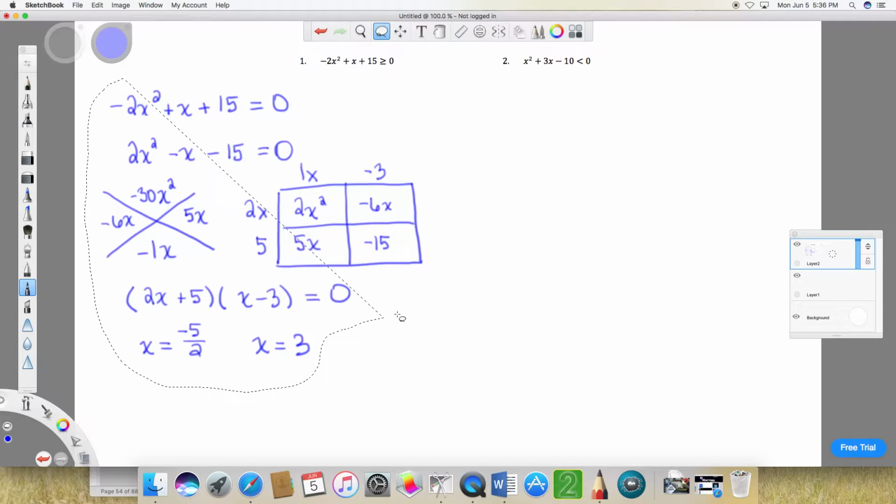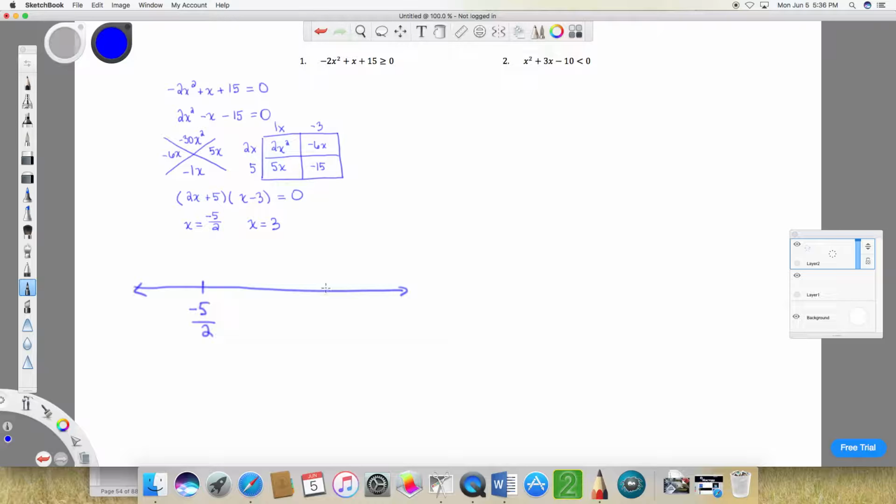Let's look at a number line and find those values on it. Negative 5 halves is a number that's to the left of positive 3, and that's as detailed as I need.